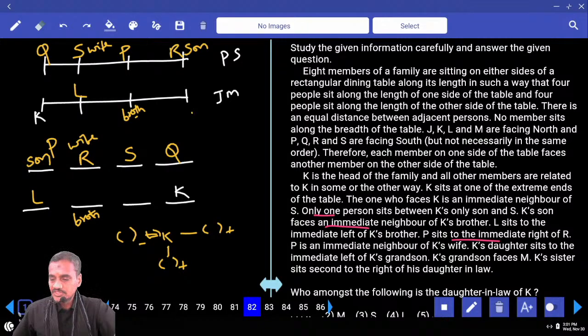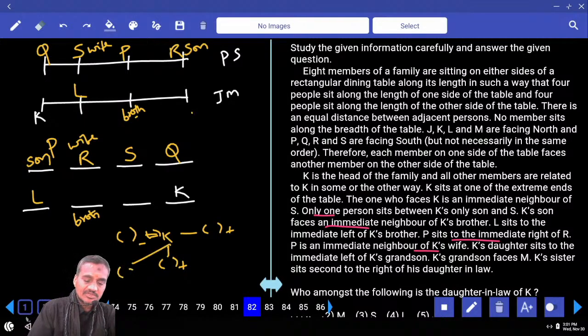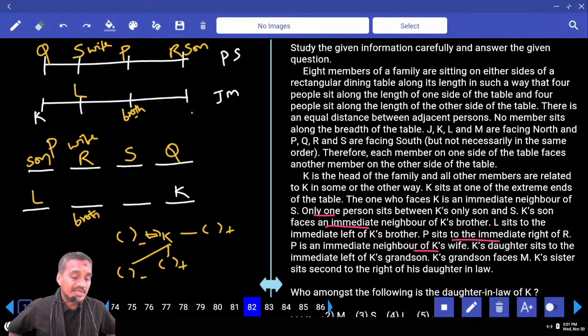And P sits to the immediate right of R, and P is an immediate neighbor of K's wife. And K's daughter sits to the immediate left of K's grandson. Now K is having a daughter as well, and a grandson too.